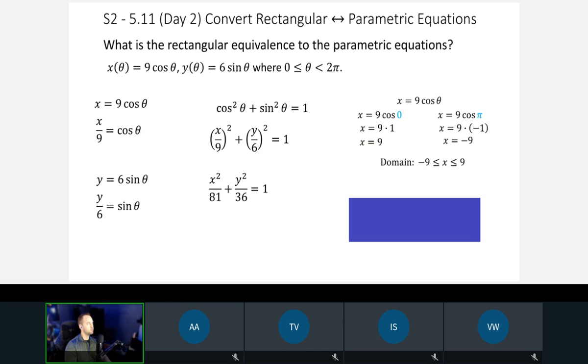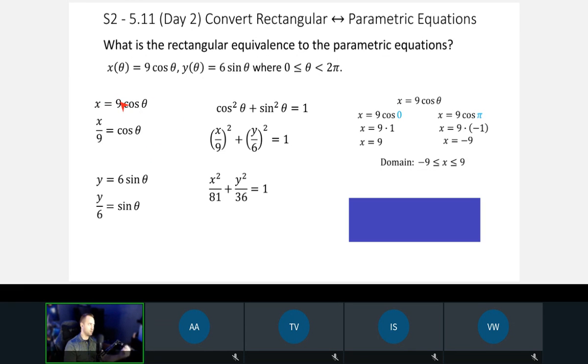We also could have identified that in the equation itself. Just looking at the x equation, the amplitude is 9, so its max value is 9, min value is -9, talking about a cosine wave.